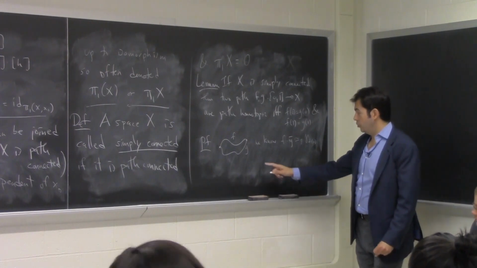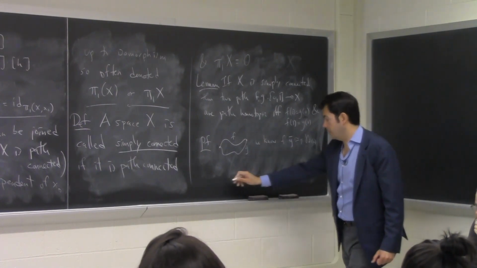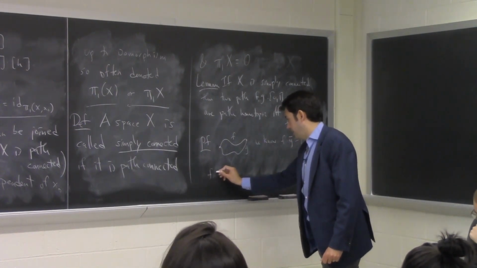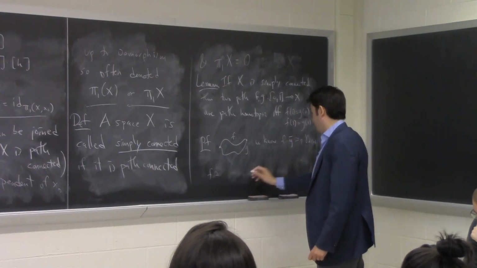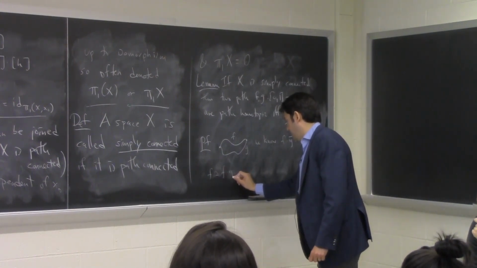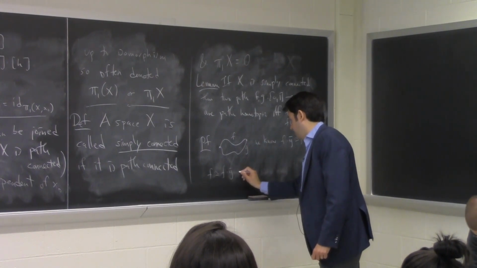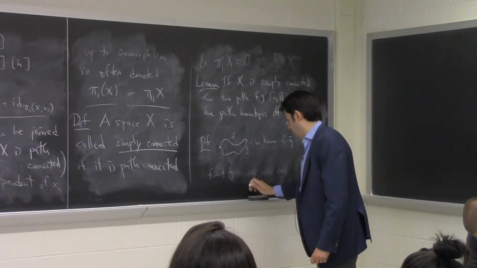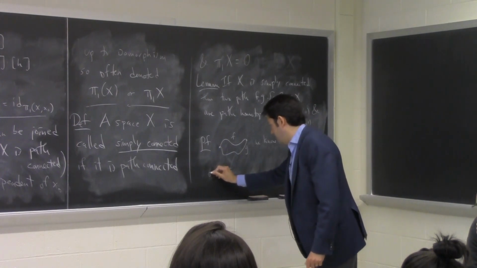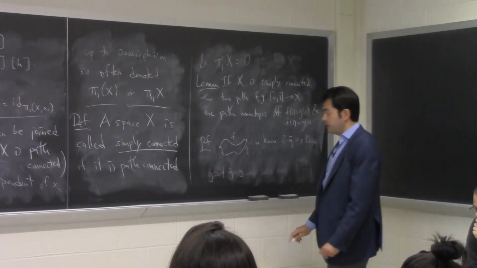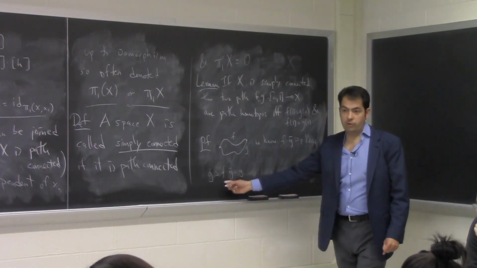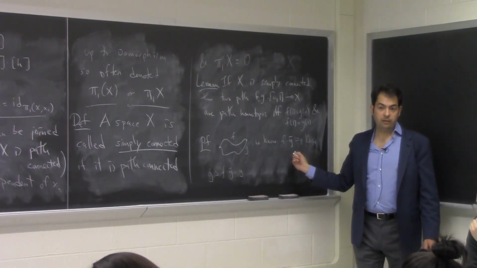Right? So we want to show that these are path homotopic. Well, F is path homotopic to F dot G bar. No, I want to start with G, I guess. G is path homotopic to F dot G bar dot G, because this is homotopic to doing nothing.